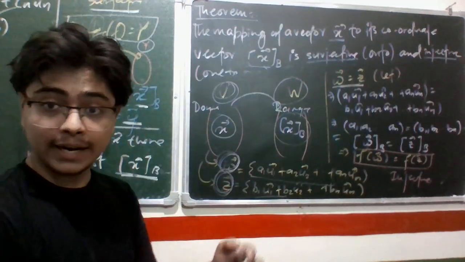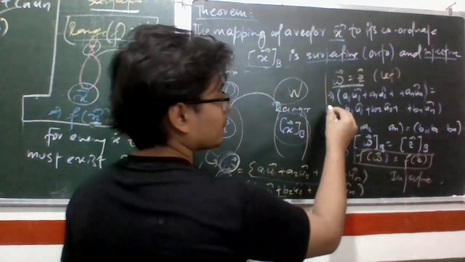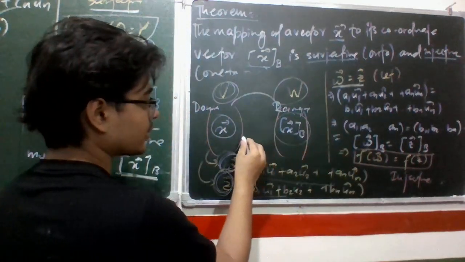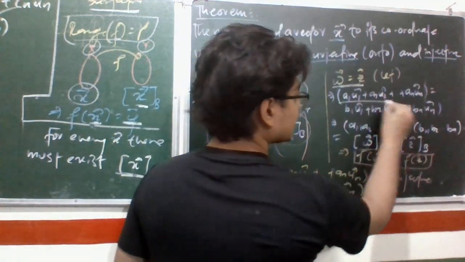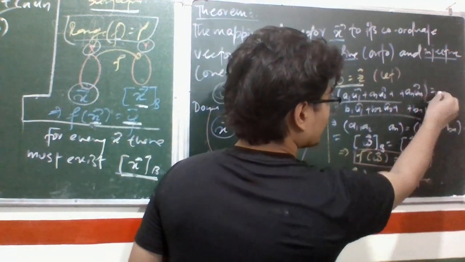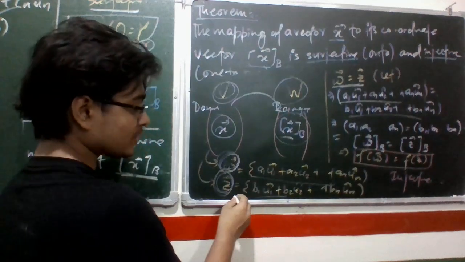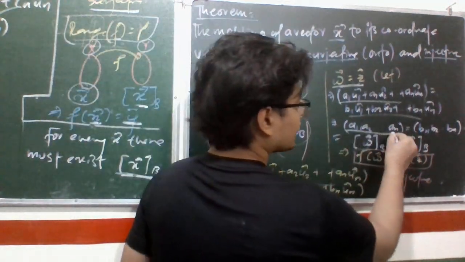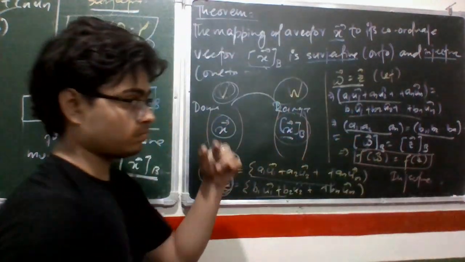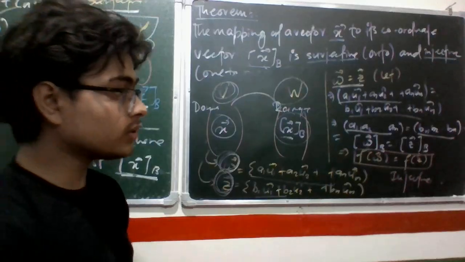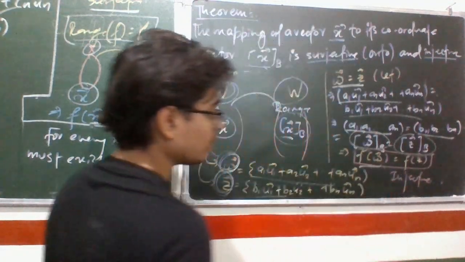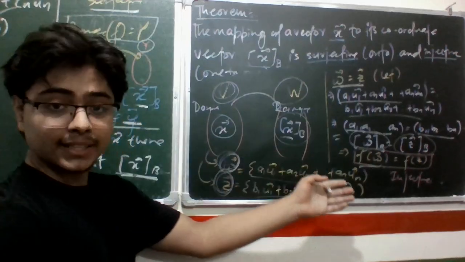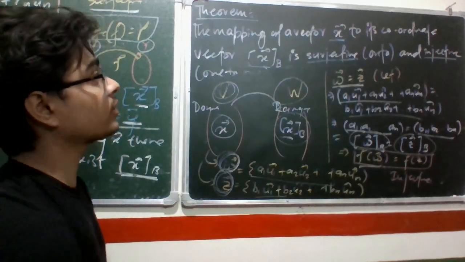To show that, we applied the coordinate vector function, and since these domains are equal, if the function has to be equal, then the coordinate vectors need to be equal, and since the coordinate vectors are equal, we can say the ranges are also equal, so it is injective. Okay, so this is all about this theorem.